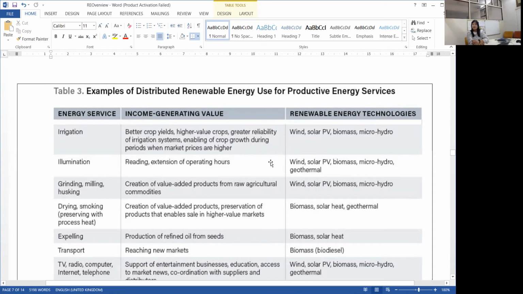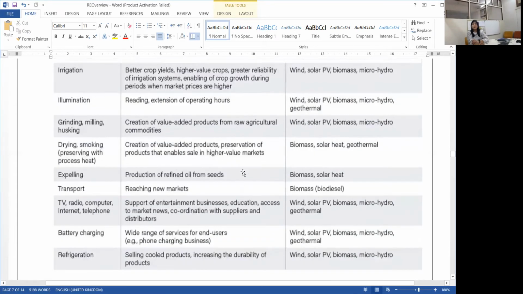Different technologies, say small wind turbines and solar PV, biomass, small hydro, can be used to improve the irrigation practices. So from this table, you can see how it is possible, from these small interventions through DRE, to improve the lives of people.